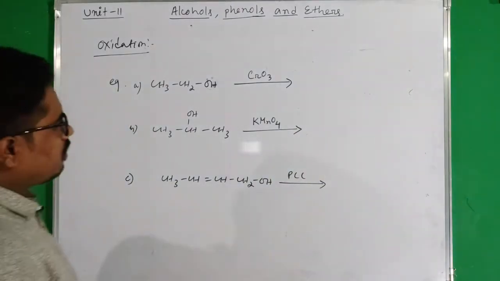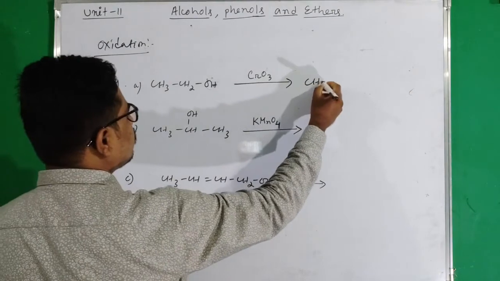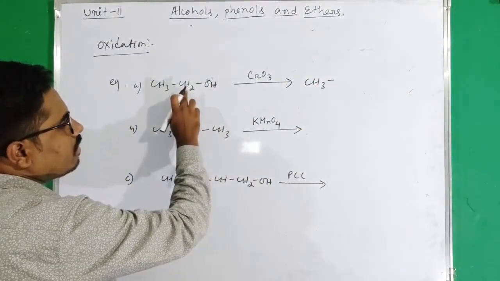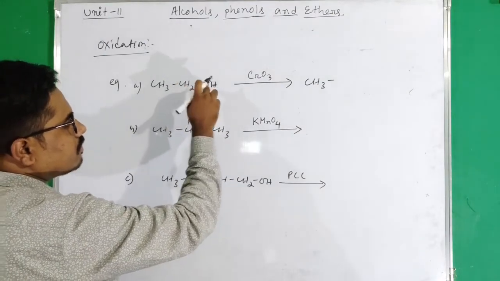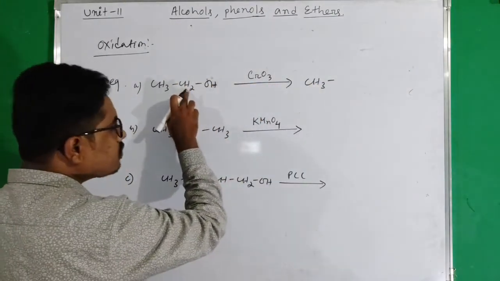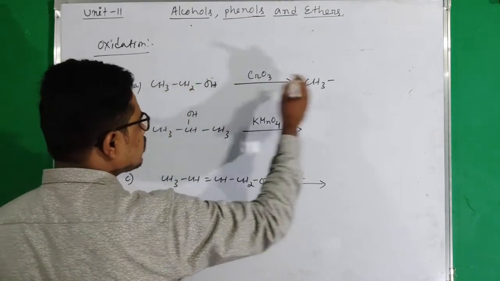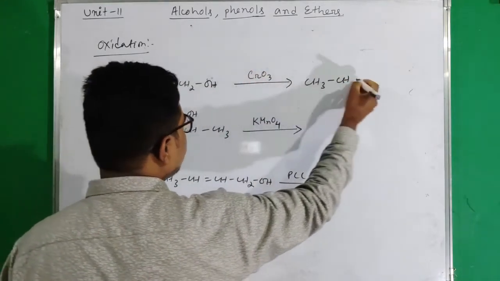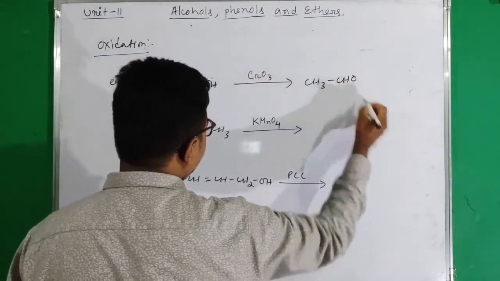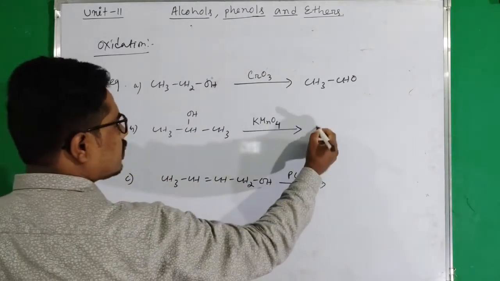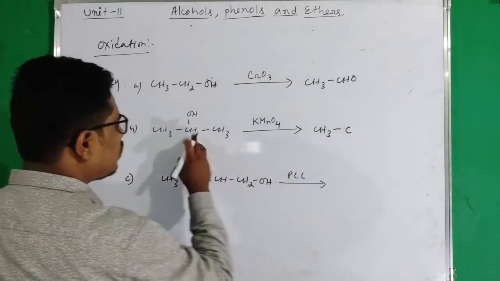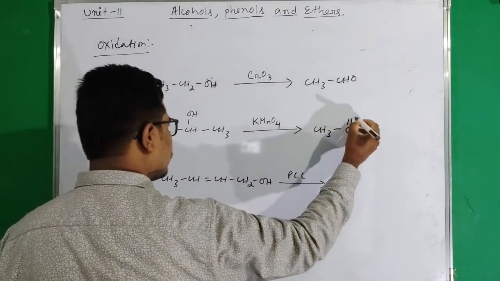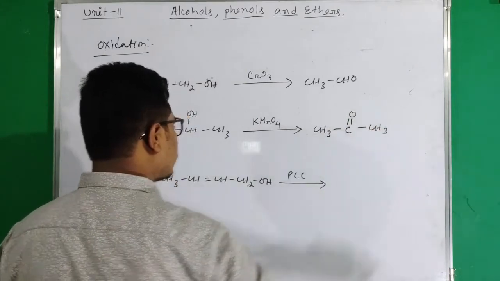Okay, and we have already learned that during oxidation this oxygen-hydrogen bond will break, and here another hydrogen will be removed, and the result is CH. Initially CH2 was present, now CH, and then this hydrogen will be removed to give double bonded O, that means aldehyde. Okay, and in this case the product is CH3C. This hydrogen will be removed, again this hydrogen will be removed to give double bonded O, that means ketone.